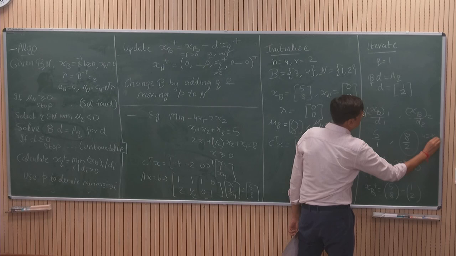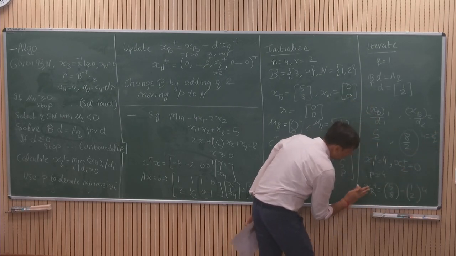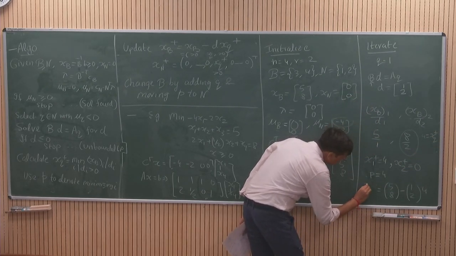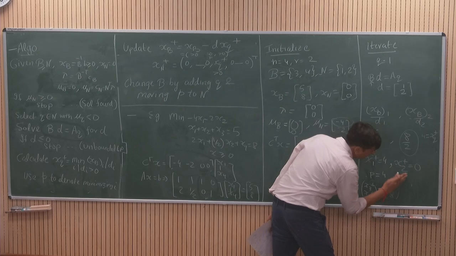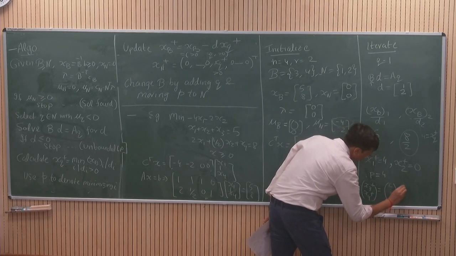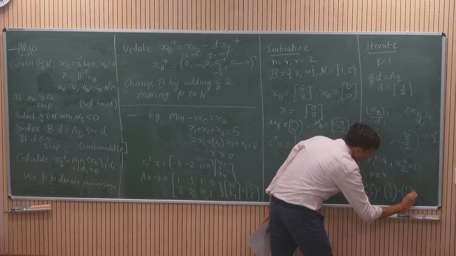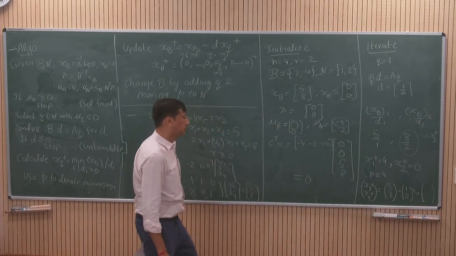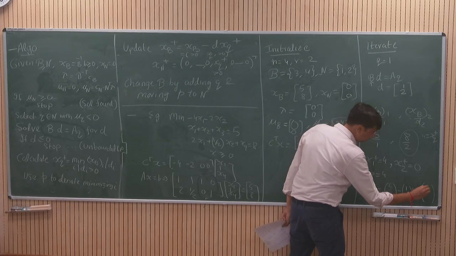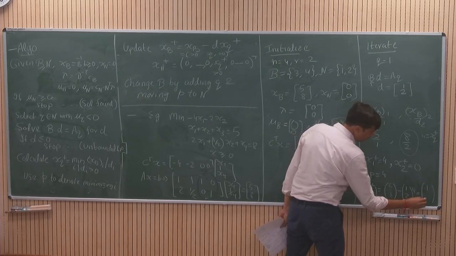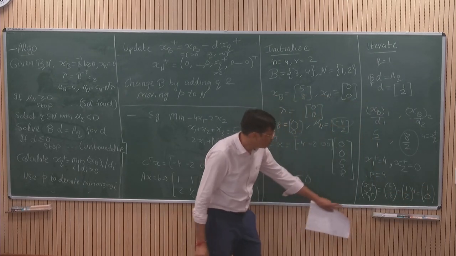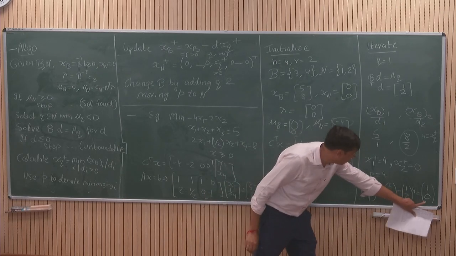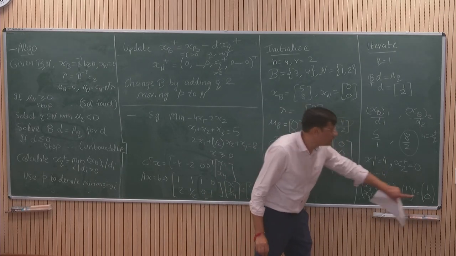This is your xq plus. So this is 4. This is xb plus. So this is x3 plus and x4 plus. This is 5 minus 4, 8 minus 8 is 0. So your x4 plus became 0 and x3 plus stays greater than or equal to 0.